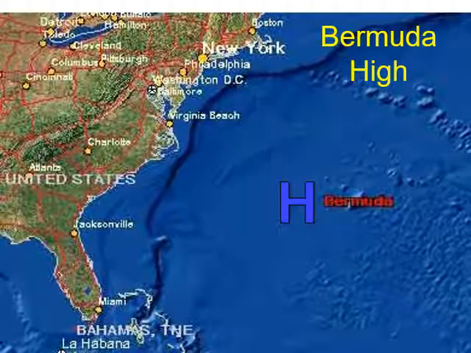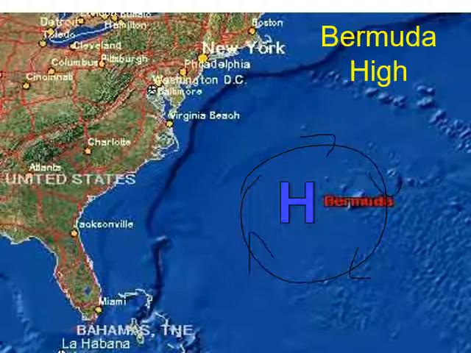Now, the Bermuda High. This is a big chunk of high pressure air hanging out in the Atlantic Ocean near the island of Bermuda, and it is very influential in determining where hurricanes go. This is a high pressure, and it is spinning like this. It's a chunk of air, high pressure spinning this direction.